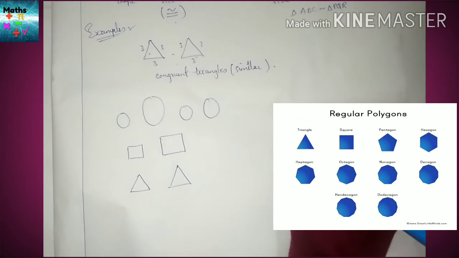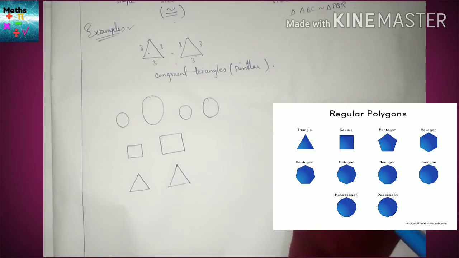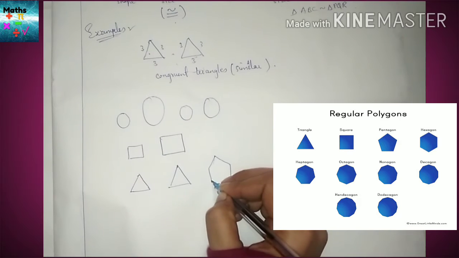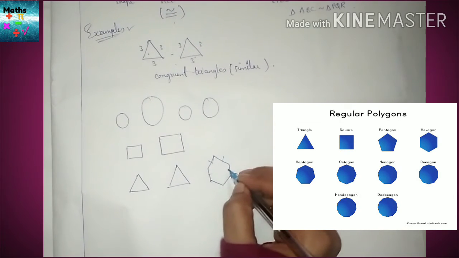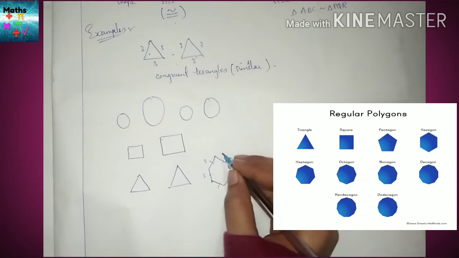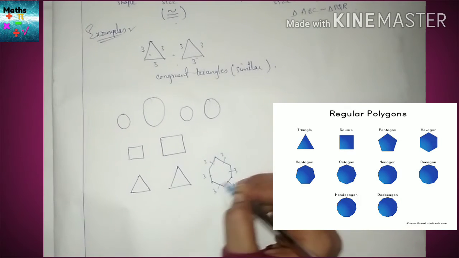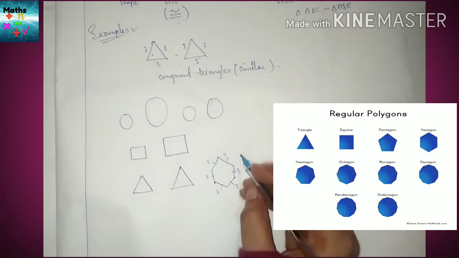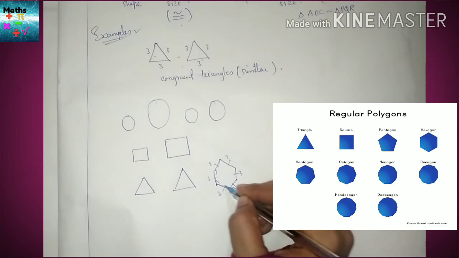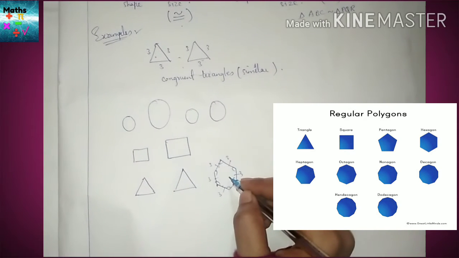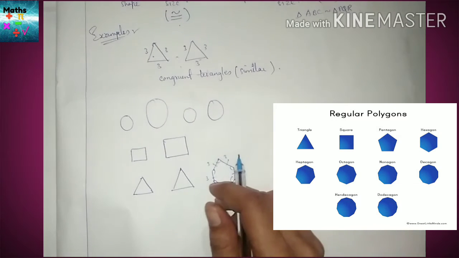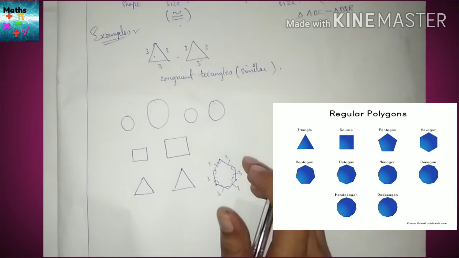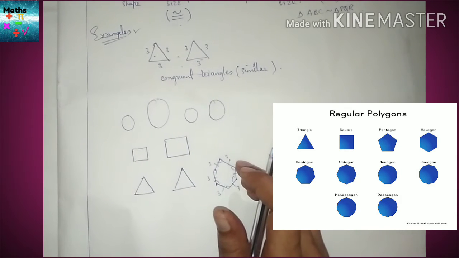Suppose here I am drawing a hexagon. If all 6 sides have a length of 3 centimeters, then the angles are also equal. These are called regular polygons. So all regular polygons will have the same shape. So all regular polygons are similar.